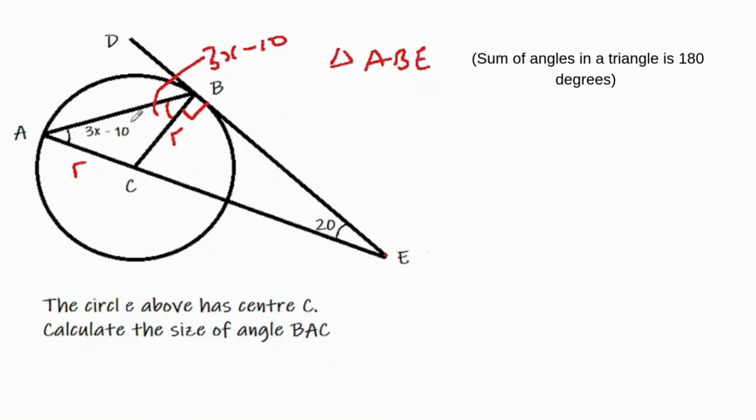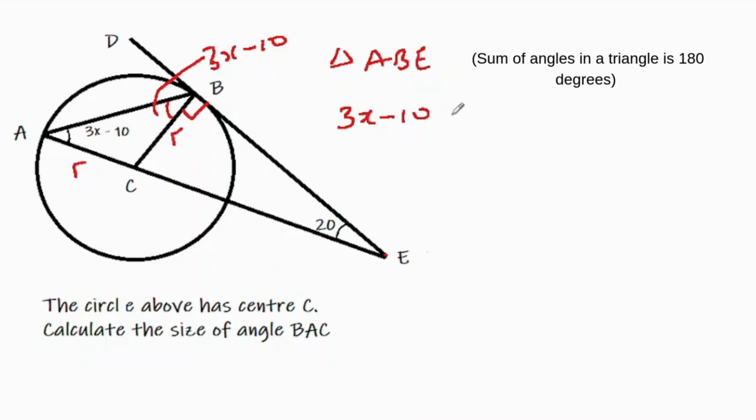So let's take the first angle, that is EAB, and that is 3x minus 10. Let's consider the angle ABE. The angle ABE is made up of 3x minus 10 and 90 degrees.